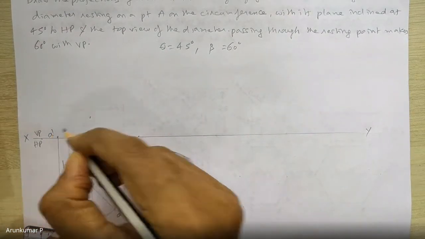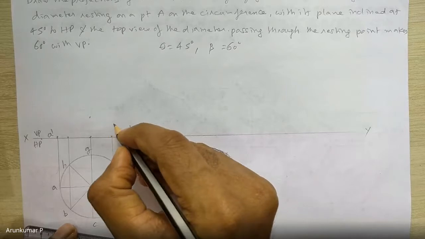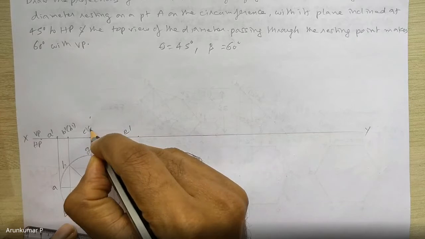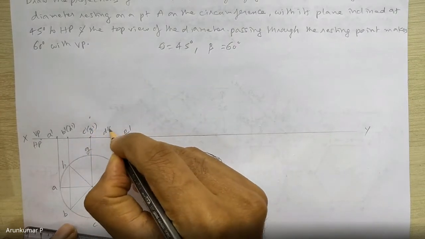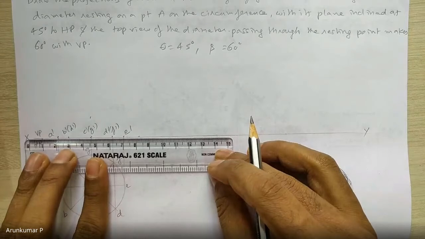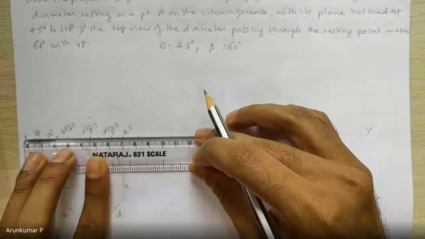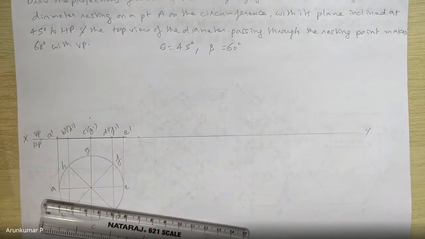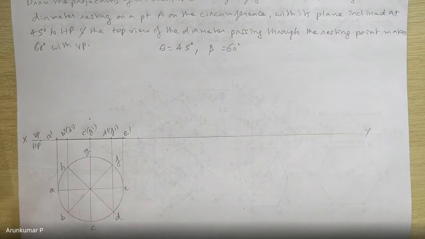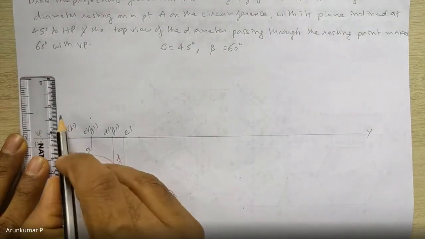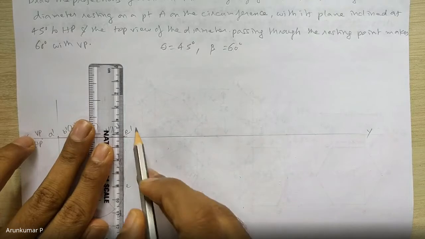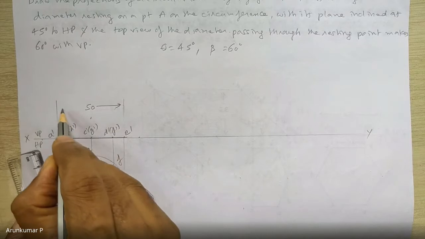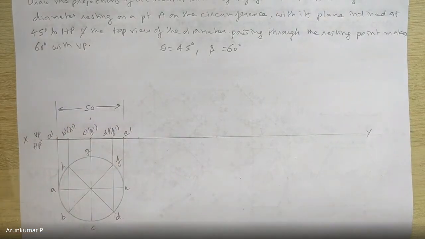So this would be A dash, this would be E dash, this would be B dash, H dash, C dash, G dash, D dash, F dash. If you join all these points, you will get the front view of the circle, and we know the length of the front view is equal to the diameter, which is 50 mm. So this is step number 1.